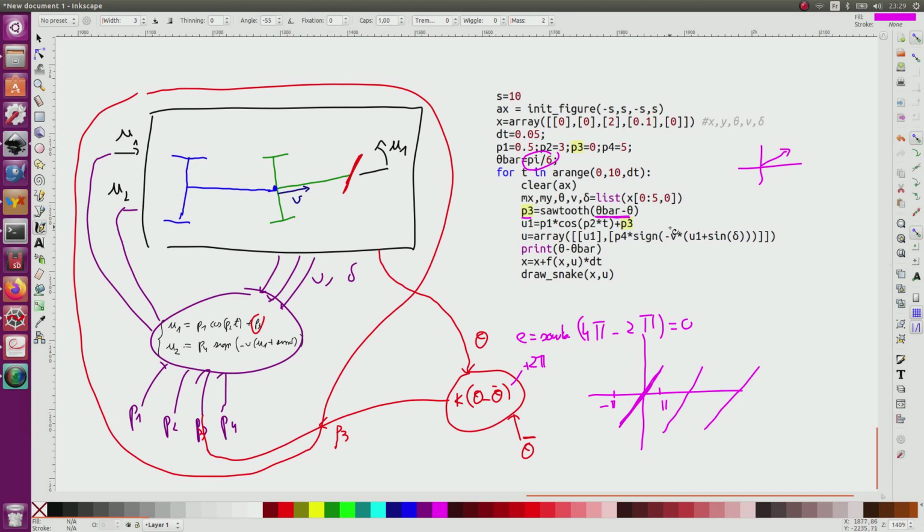But for the initialization, I take a heading which is pi over 2, so which is something like this. So you will see the robot that will move like this and follow the desired direction, the desired heading.